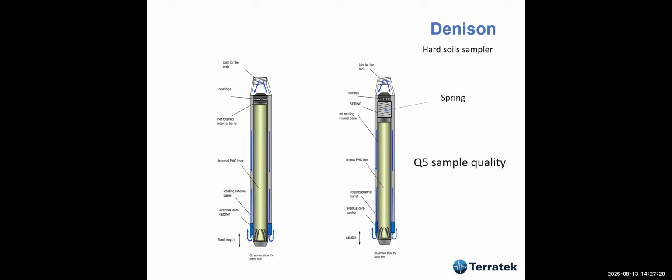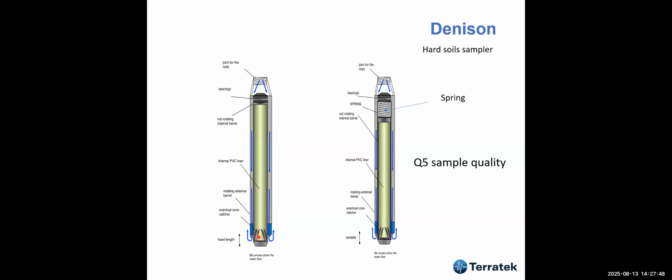And this is the Denison sampler for hard soils. So if you get into a soil of SPT over 20, you may use this to get a good sample. And this gives the Q5 sample quality, as I've told you before. And some of them, this is a sampler without spring.